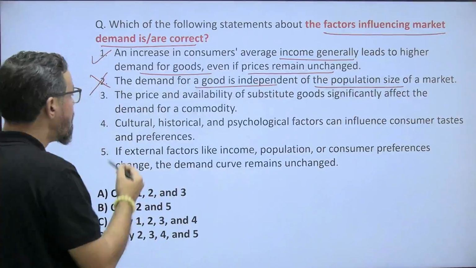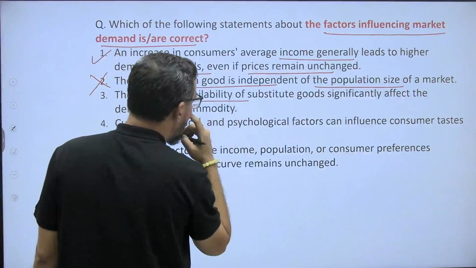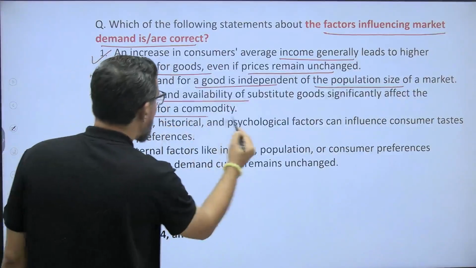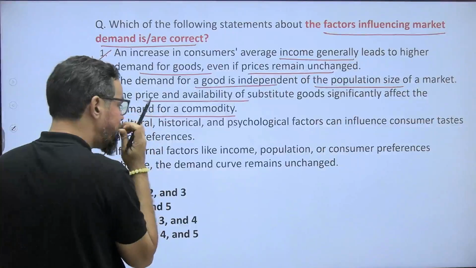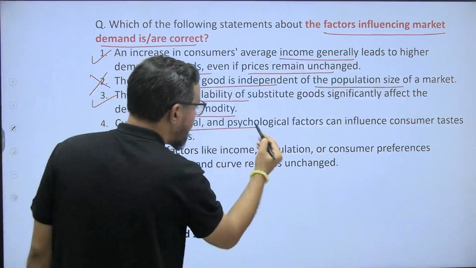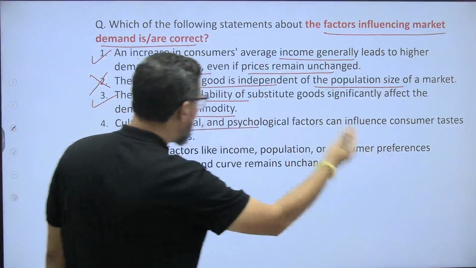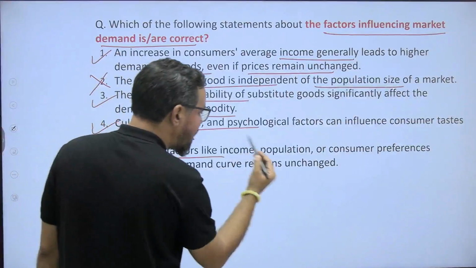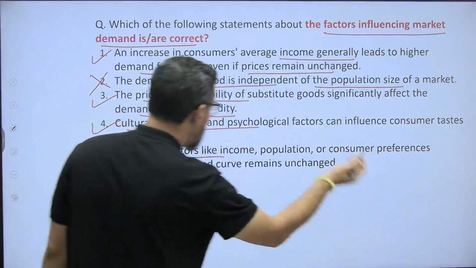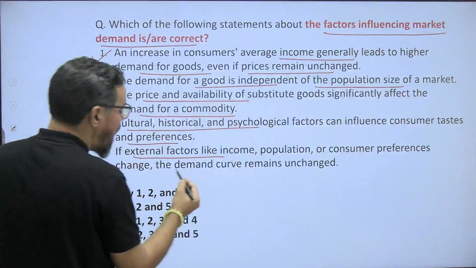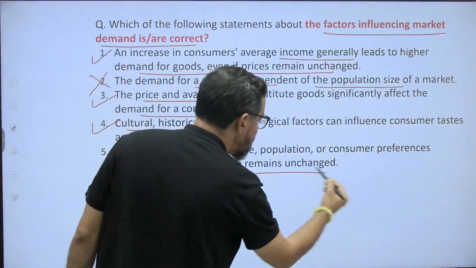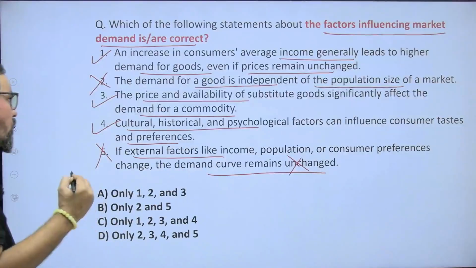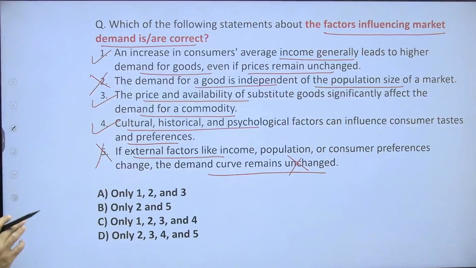The price and availability of substitute goods significantly affect the demand for a commodity. Yes, substitution effect. Cultural, historical, and psychological factors can influence consumer tastes and preferences. True. With external factors like income, population, and consumer preferences changing, the demand curve remains unchanged. No, the demand curve changes according to these. This is also wrong.